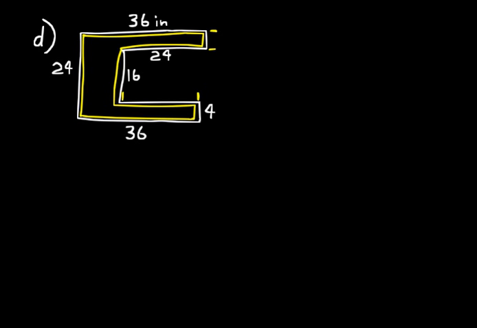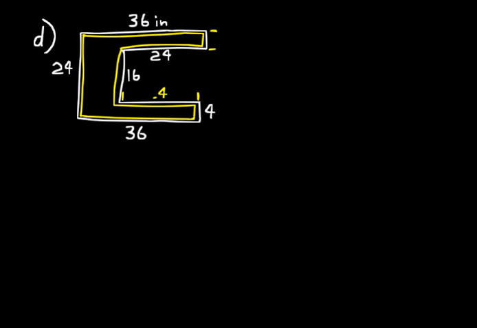On these problems, when you do them in the book, they'll tell you that all of the angles are right angles, and you can use that to help you figure out which sides are equal and things like that. So I know those top and bottom lengths are the same. They're both 36, and that inside one, since everything's at right angles, this must be 24 here as well.